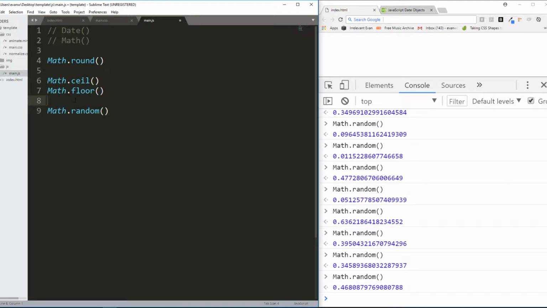You're in week 12 now, so you need to start thinking more aggressively about how to learn about new methods, new functions, new objects, new properties. What does it tell you that the number generated by Math.random is always greater than 0 and less than 1?